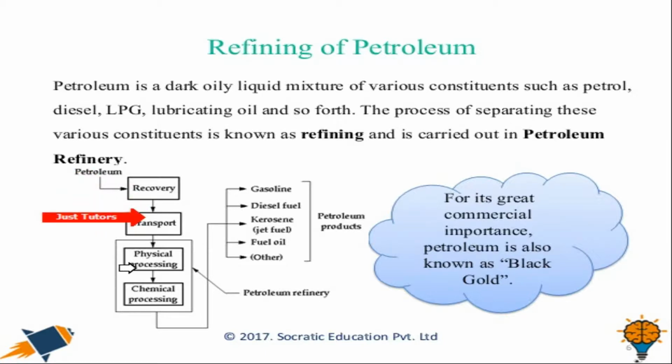First we process it physically, meaning any impurities which can be taken away by physical methods, that is called physical processing, and then it is processed chemically, in which we get different types of substances like gasoline, diesel fuel, kerosene, fuel oil, petrol, and others. As it is very useful for commercial purposes, it has great commercial importance, so it is called black gold. Black because its color is black.